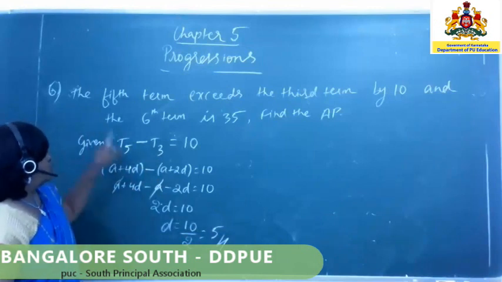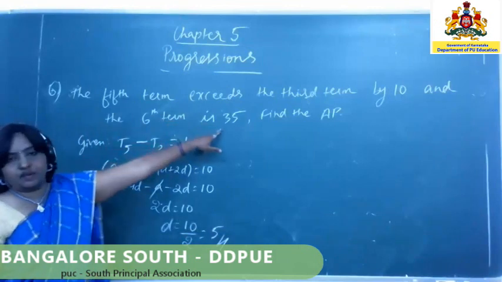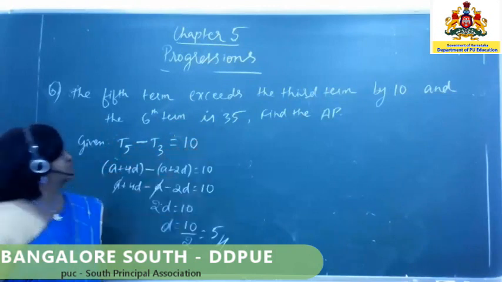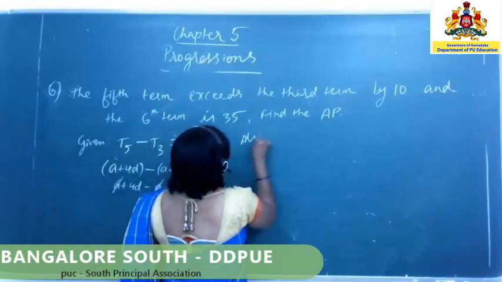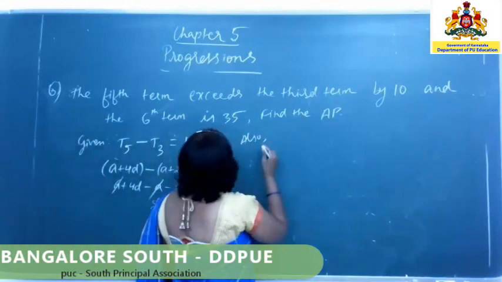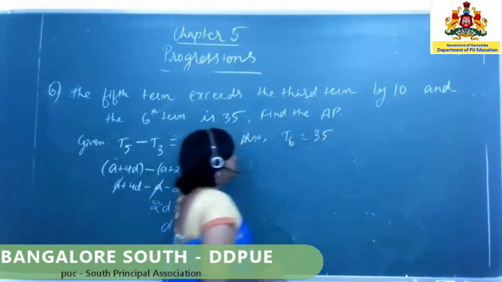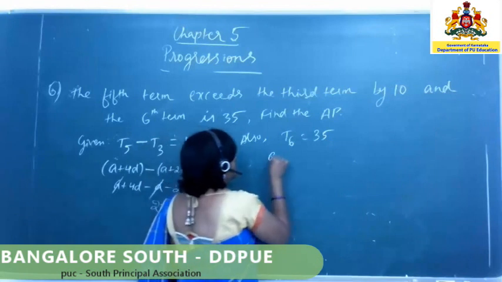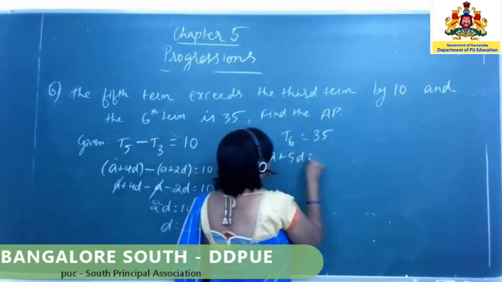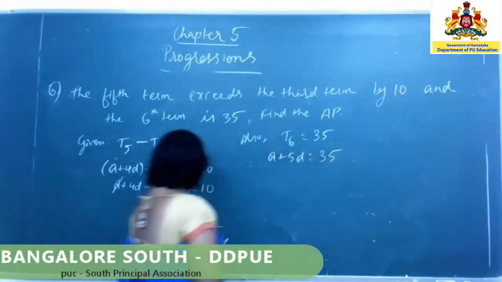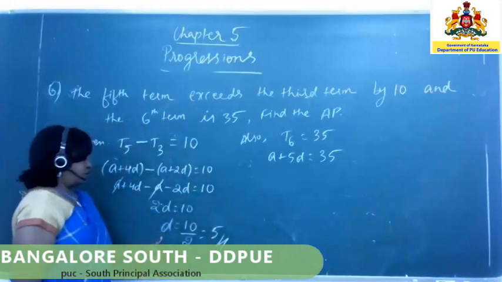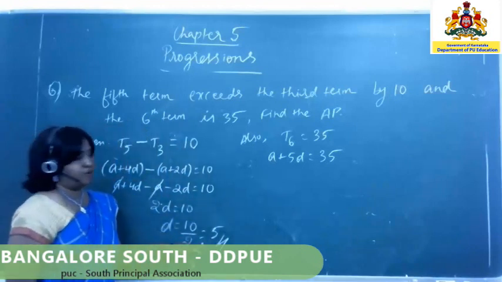So now sixth term is 35. That is also given. Also T6 is equal to 35. T6 is A plus 5D is equal to 35. So we got the value of D. D is equal to 5.